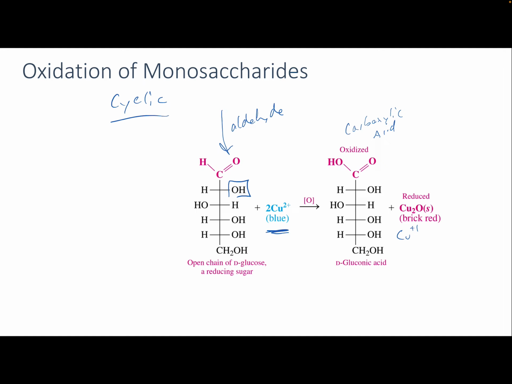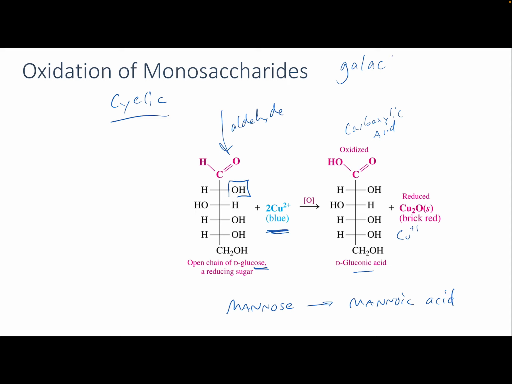It doesn't have to be the Benedict solution. We name those usually by changing the -ose ending from the sugar to an -onic acid ending. So for example, mannose would become mannoic acid. Fructose, fructoic acid.